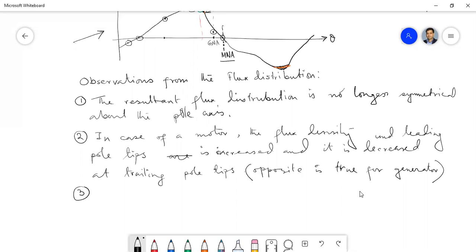The flux density at the interpolar axis is no longer 0. You see here the interpolar axis, isn't it? So GNA is basically the interpolar axis.